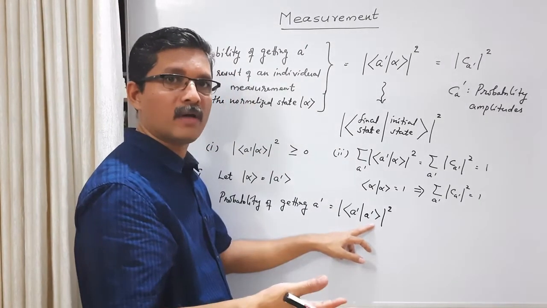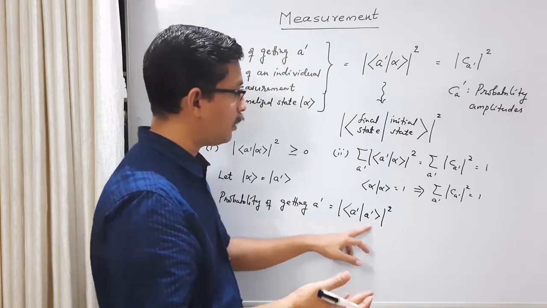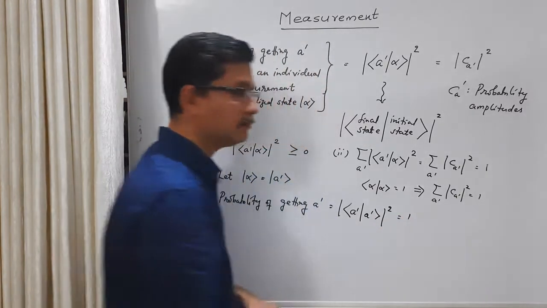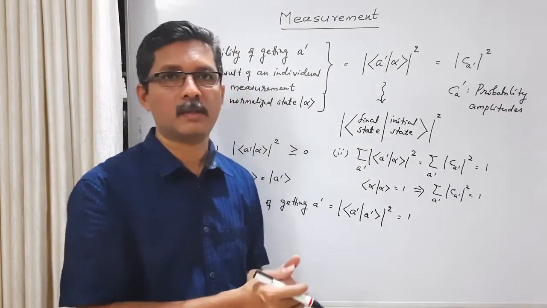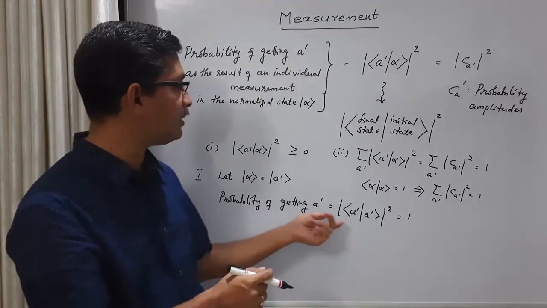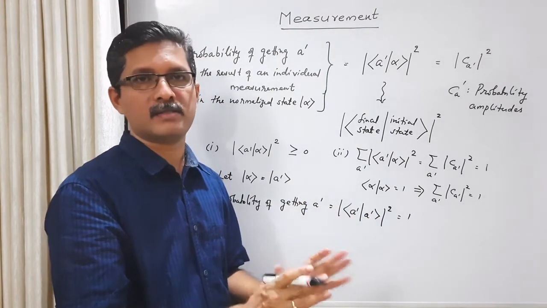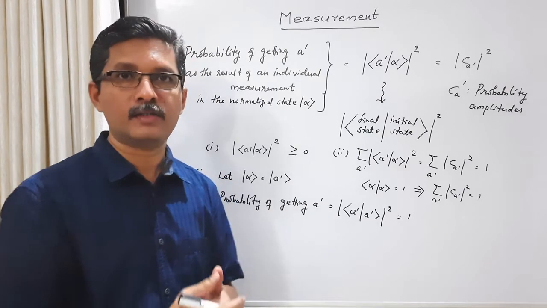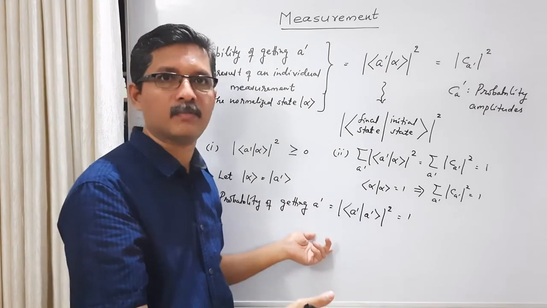A prime is already an eigenket, it's normalized. So this is 1, and the square is also 1. Probability is 1, that means 100% in terms of percentage. It's equal to 1, meaning surely you will get A prime as the result of measurement. We know that physically it should happen, and from this definition of probability we also get the same result.